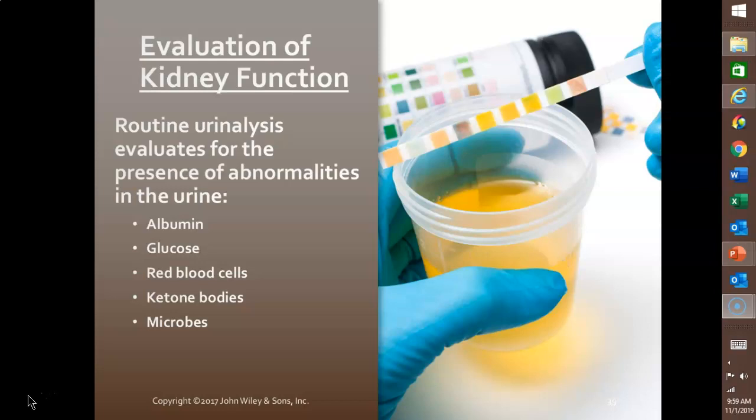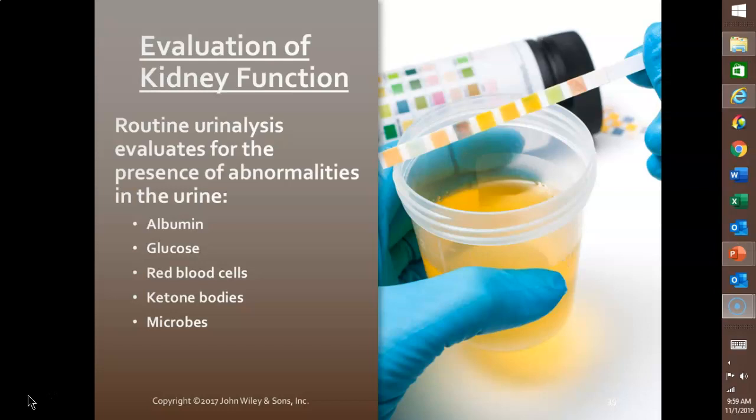Albumin is a protein that's found in your blood plasma, and you should have heard this when you studied blood, but we normally don't filter out a lot of proteins into the urine because they're too large to get across those capillary beds of the glomerulus. So if you have presence of albumin in the urine, especially in high amounts, that's called albuminuria.